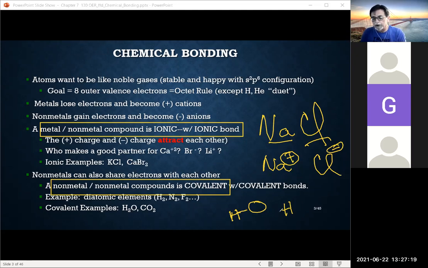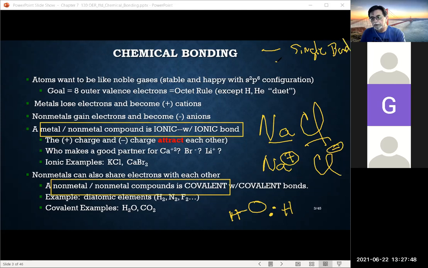It's the same thing if I were to draw two dots. Each dot represents an electron. Now, I can sit here and draw dots all day long. However, that's a lot of dots. So what we do is we simply draw a line, and that line represents two electrons. That single line represents what we call a single bond. So a single line is a single bond.